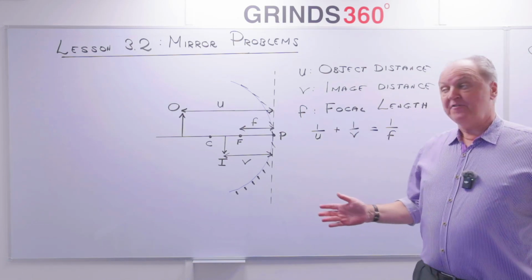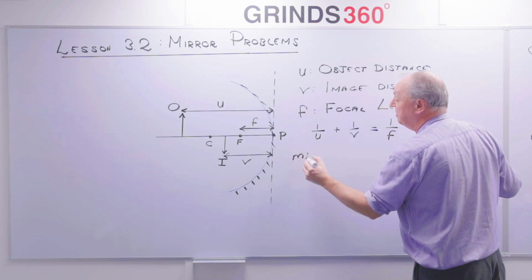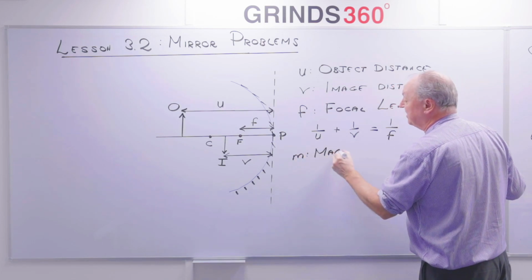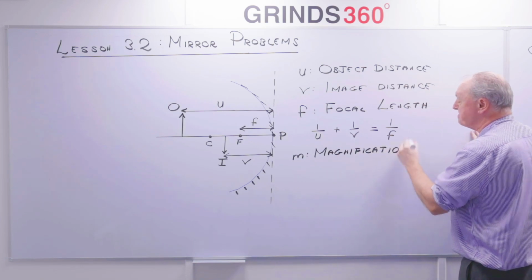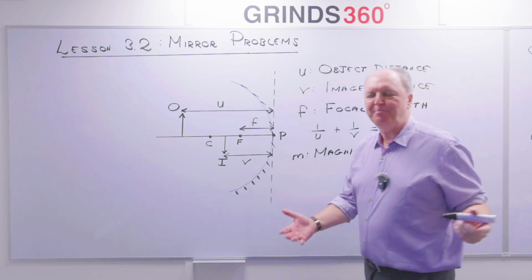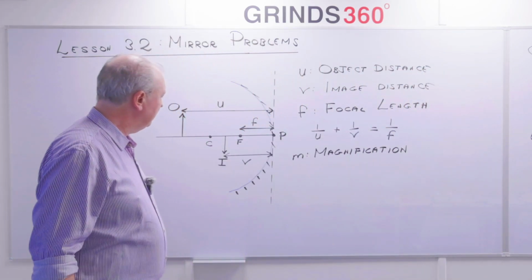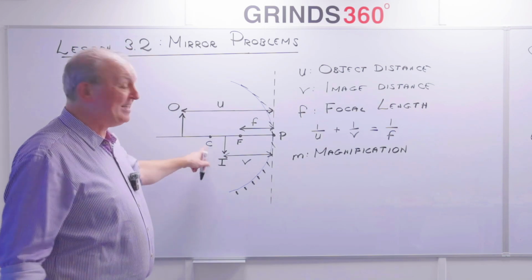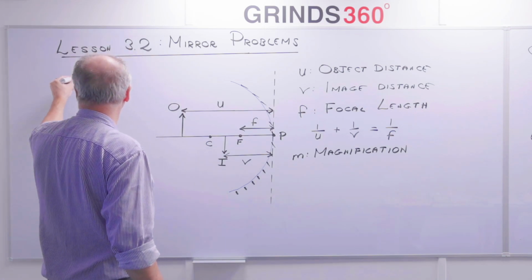There is another formula called the magnification formula, M. So M stands for the magnification. Now, what the magnification tells you is how big the image is compared to the object. For example, if they were exactly the same size, then I would say that M was equal to 1.